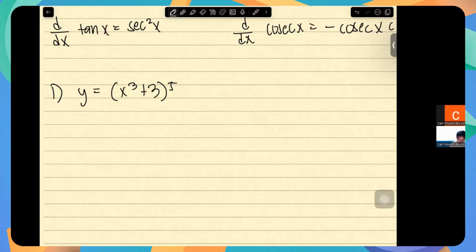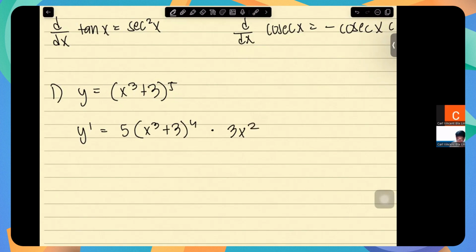So what we can do now is get the derivative of the outer function first. So first of all, bring down the 5. Then we leave the inner function as it is, so then raise to 4. And after that, we multiply it with the derivative of the inner function, which is 3x^2.